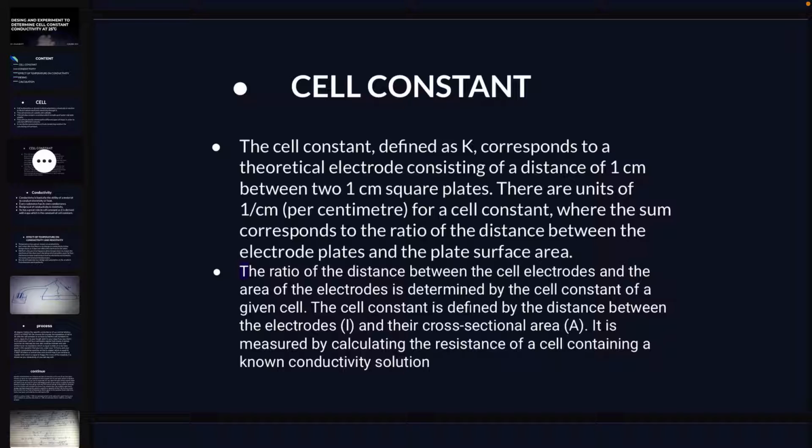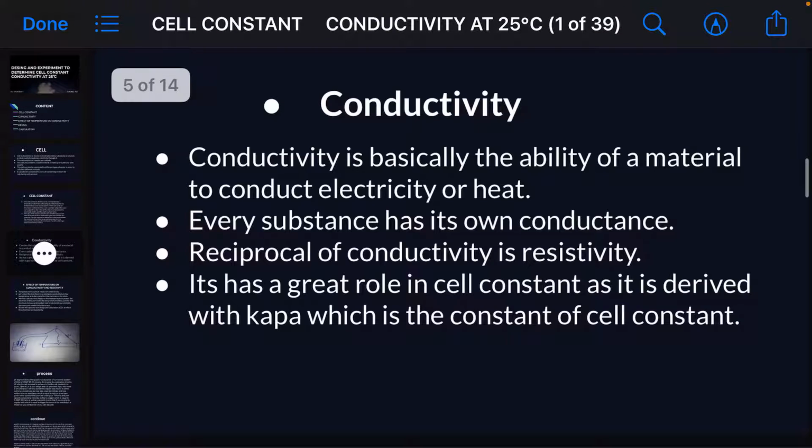So basically the cell constant, also written as K, is the distance between two electrodes in a solution, which has a cross-sectional area of A. The basic definition of cell constant is the distance between two electrodes, and the area between them is a cross-sectional area, represented by A. We should keep this in mind whenever we hear about cell constant.